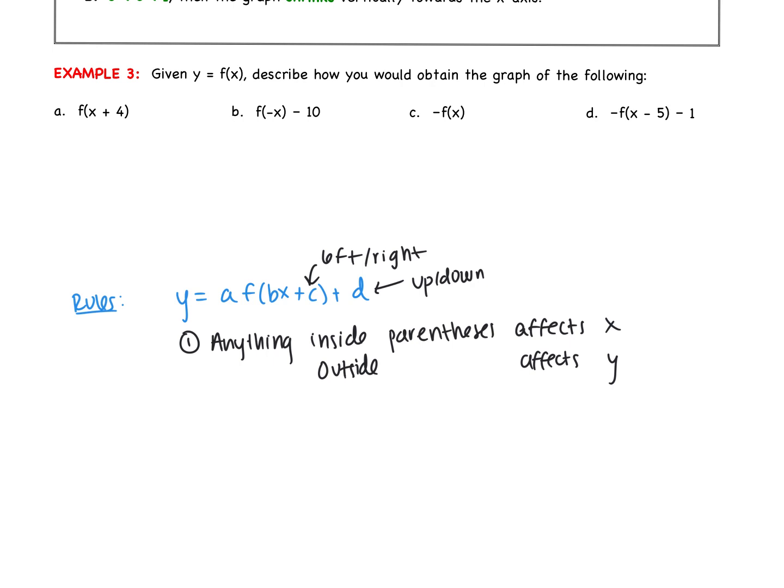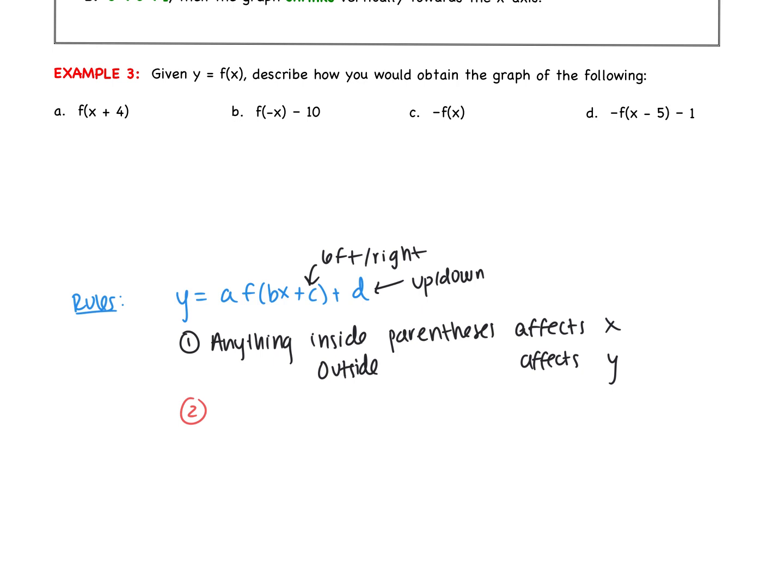Okay. Next thing that you need to know. There are 2 things that happen. So if we look at what's affecting X, we have a number being multiplied and we have a number being added. The multiplying is a reflection. It's going to reflect us. The adding is going to move us.